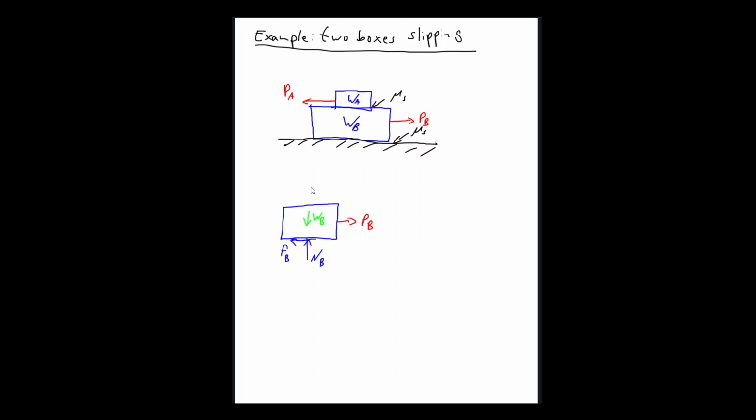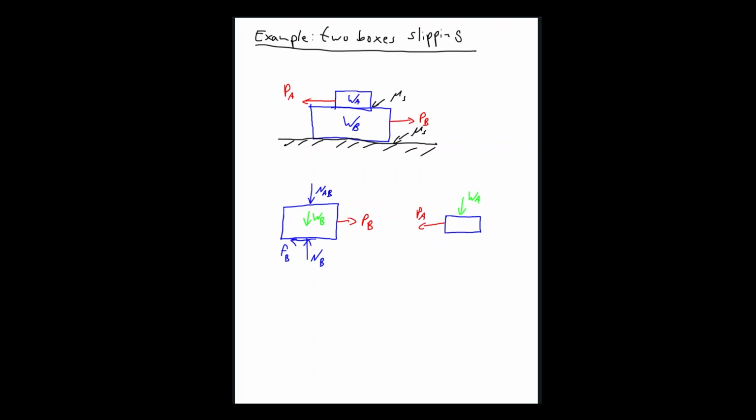And now how about the top? Well, we have an NB, where we took away box A. So we'll call that NAB. And now we have to think about the direction of the friction force. To do that, I think we'll draw our little one first. Maybe it's easier. All right, because we know they have to be opposite from each other. So we know we have a WA. We have a force PA. And what else?